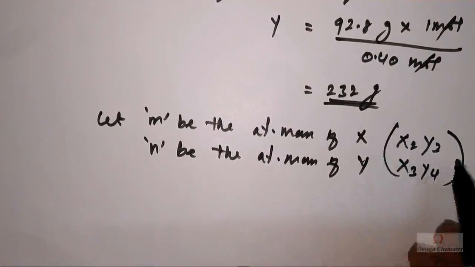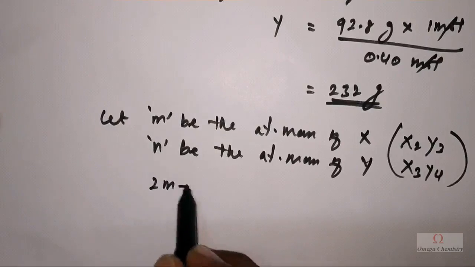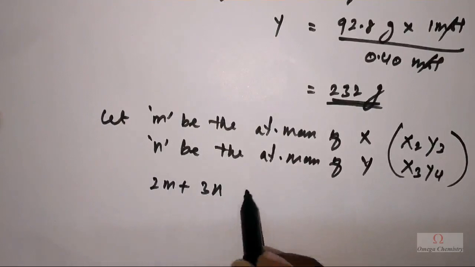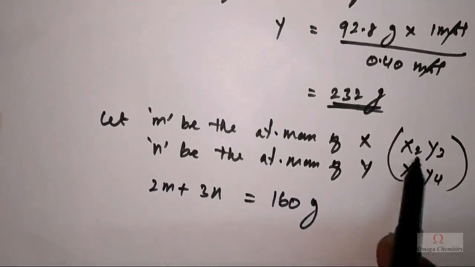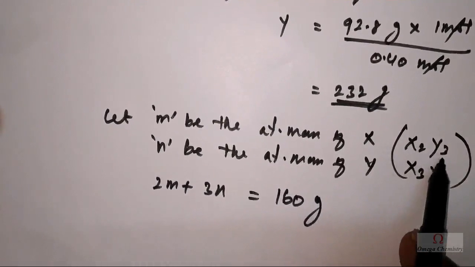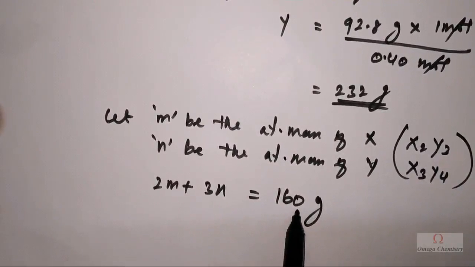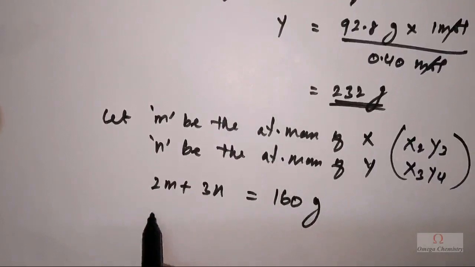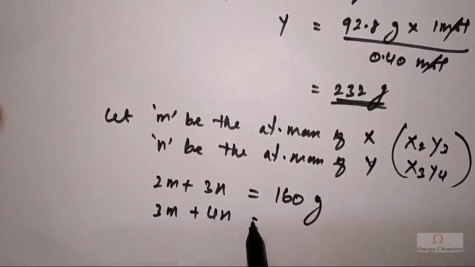So I can coin the equations: 2M plus 3N is equal to 160 grams. That is 2X and 3Y. Likewise, 3M plus 4N will be equal to 232 grams.